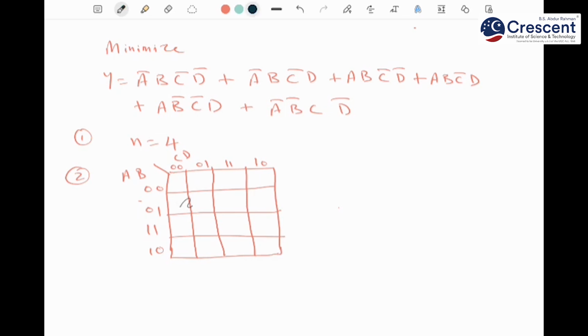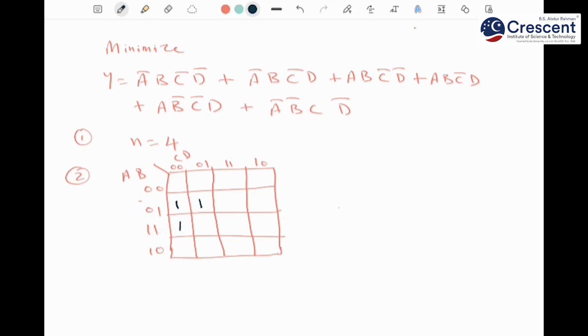I will use a different color. So this one, and then A bar, B, C bar, D. Next A, B, C bar, D bar.